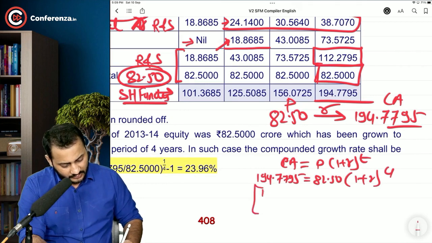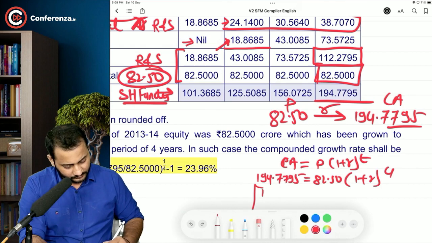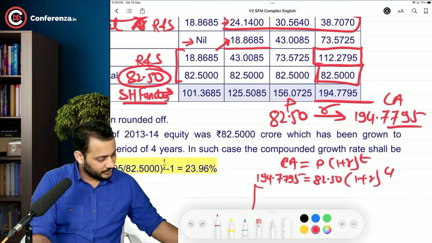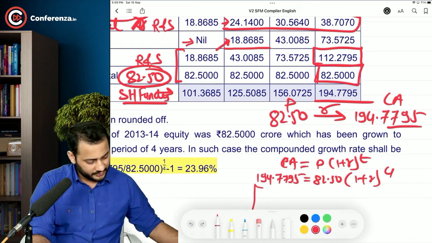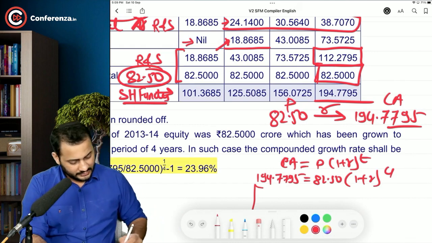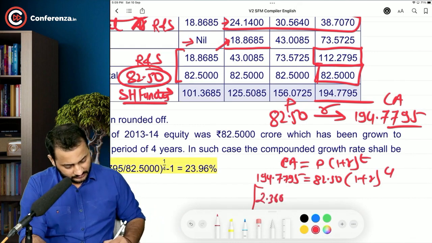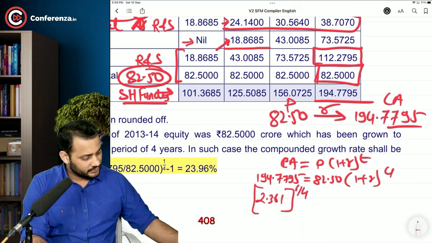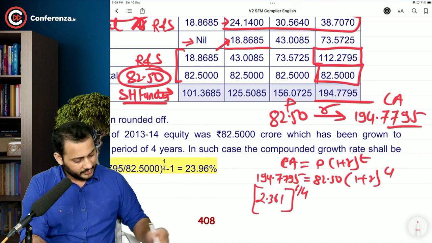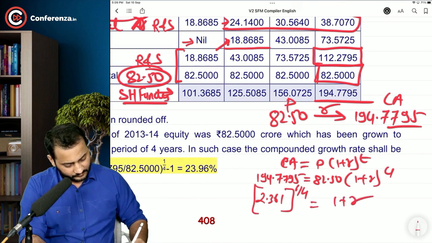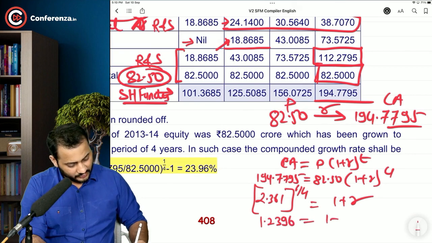And it will be like 194.7795, I will just take the answer. 194.7795 divided by 82.50, that's 2.360 to the power 1 by 4. You just press the square root button twice and you will get the answer. That is 1.2396 is equal to 1 plus r.